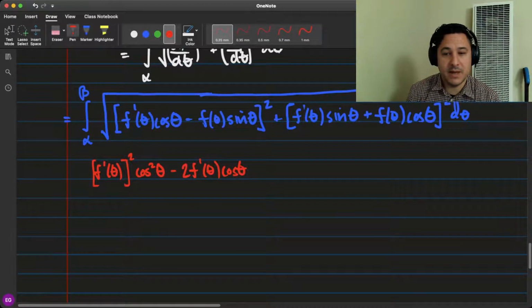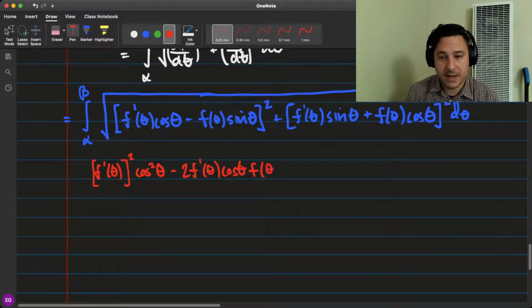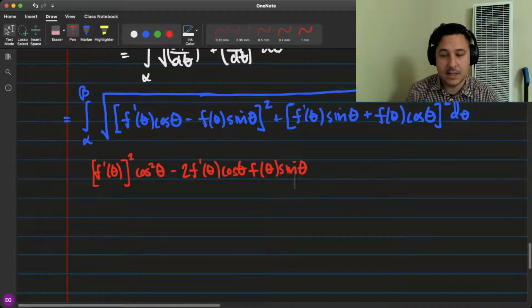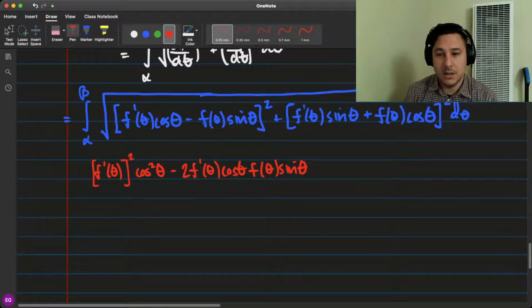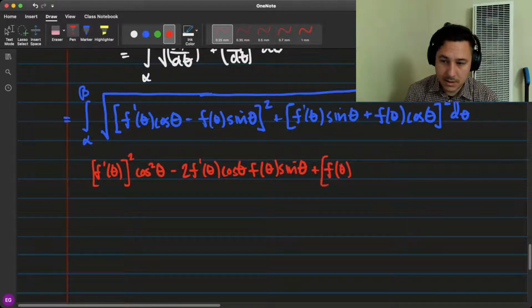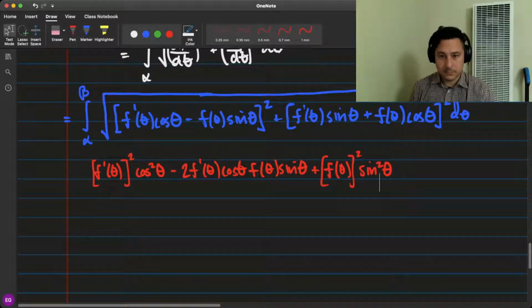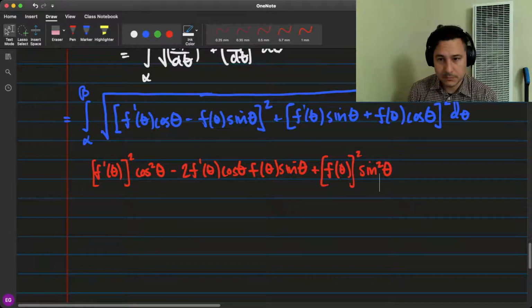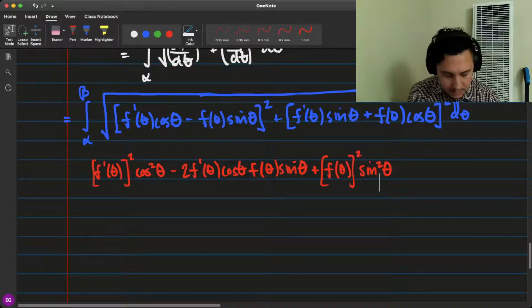So 2 f prime theta cosine theta f theta sine theta plus f theta squared sine squared theta. Okay, I think I did not make any mistakes on that.